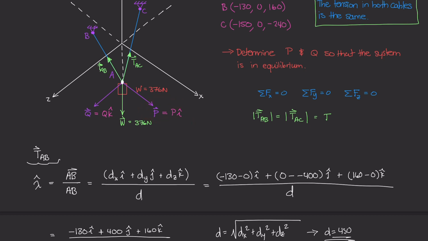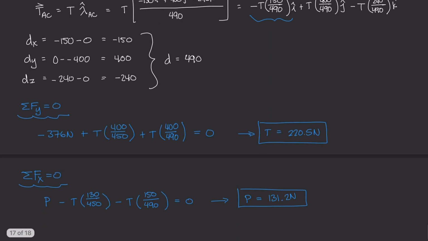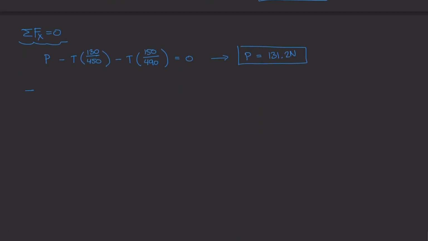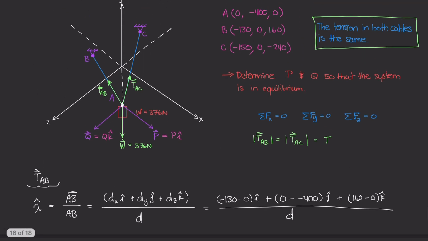Now let's apply that same method in the z direction to figure out what this Q force is. So again, just by looking at this diagram, you can see that Q is the only unknown force in the z direction. And so we can sum the forces in the z direction just like we did for x and y, and that would equal 0. And we could see that for force Q, it is going in the positive z direction.